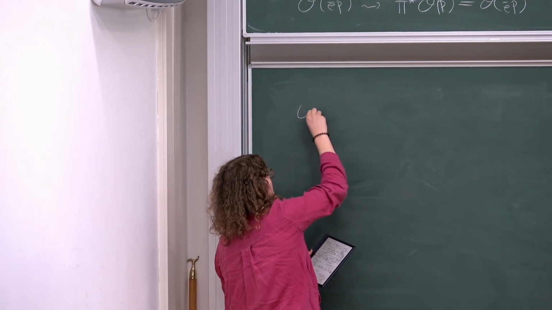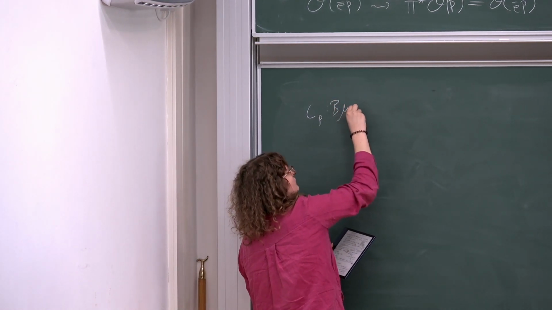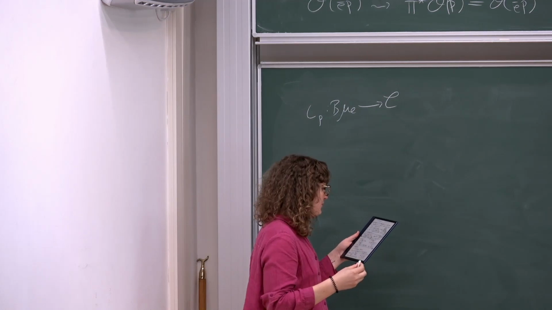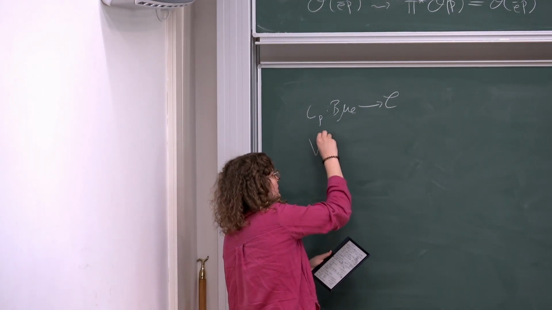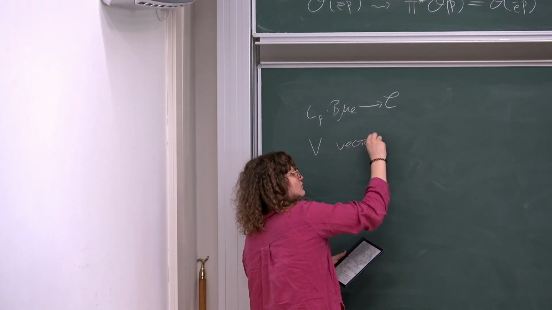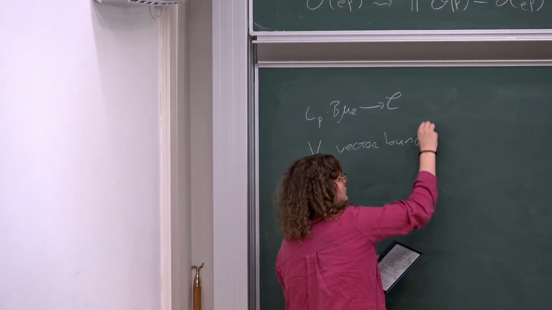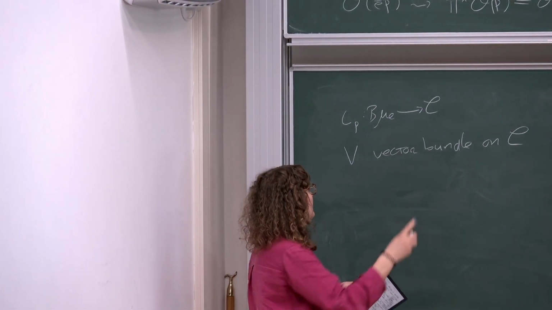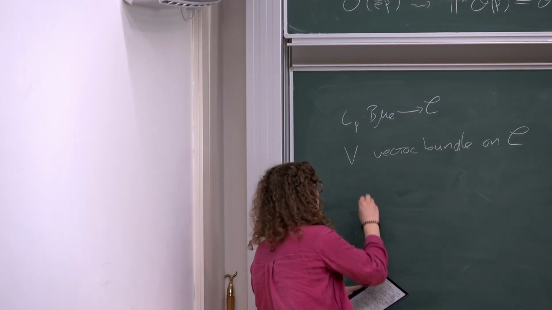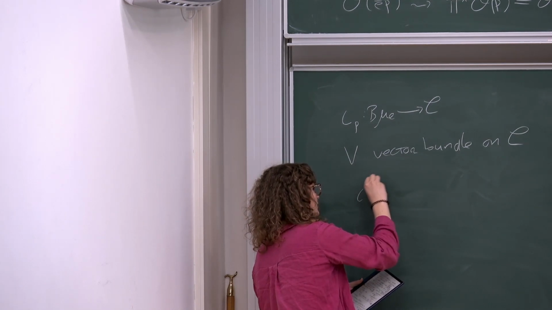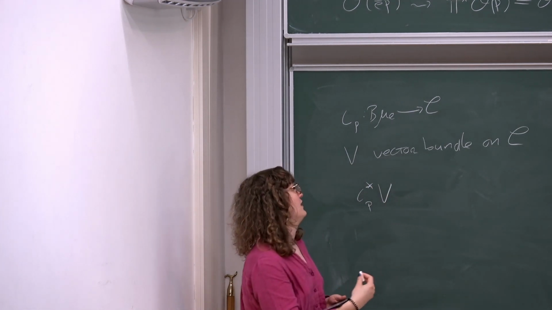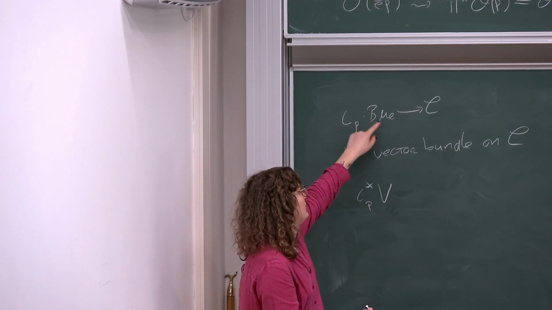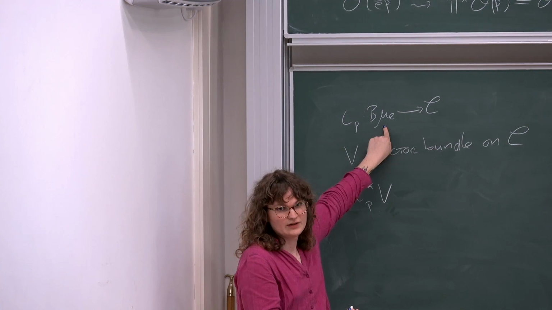Let's call it iota of P, for some stacky point P. And say I have some vector bundle on the stacky curve. Then I can pull back to B mu e. And then through commutative algebra, a vector bundle on B mu e is nothing more than a graded vector space.